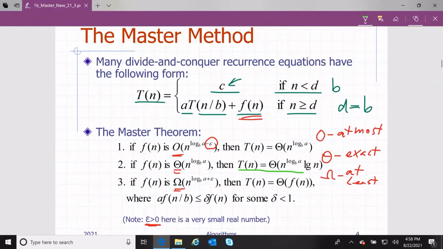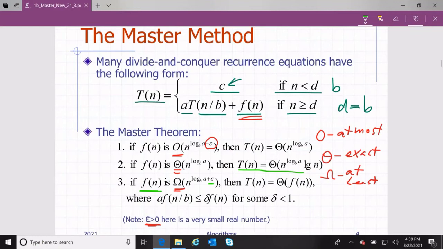The third statement of the theorem says if f(n) is at least n to the log base b of a, we represent that as n to the log base b of a plus a positive epsilon, excuse me.